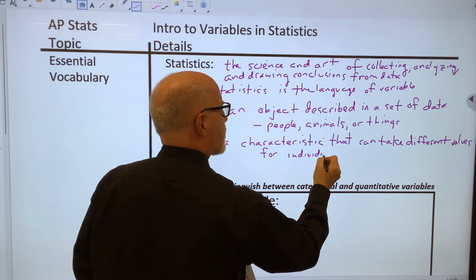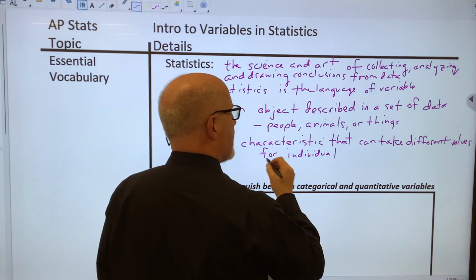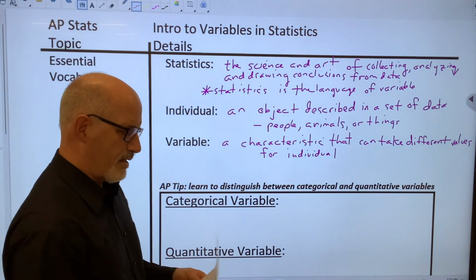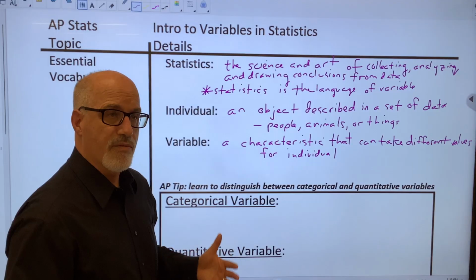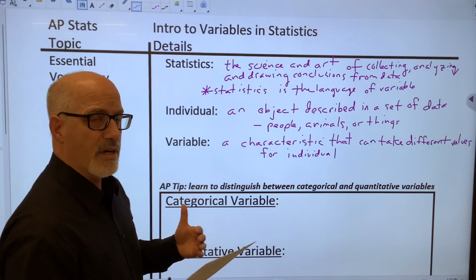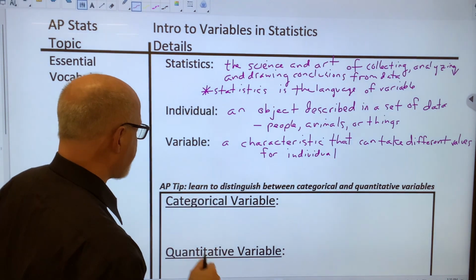So whatever we describe as being the individual, a person, an animal, or a thing, we gather values for that. So if it's a person, we might gather values like what their heights are, or, for instance, how far away they live from a certain city.